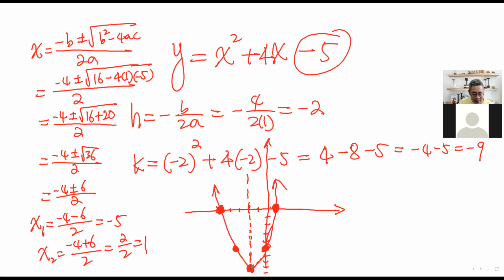And you can see that the x coordinate of the vertex point is right in the middle between these two x-intercepts. So now we've got everything together: the function, the equation, the vertex formula, and the quadratic formula. That's pretty much everything we need to know about quadratic functions.